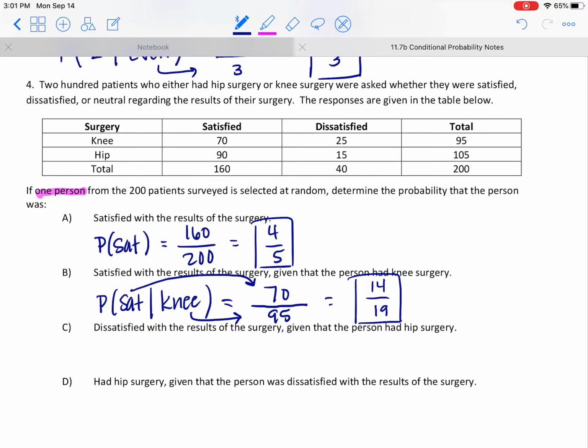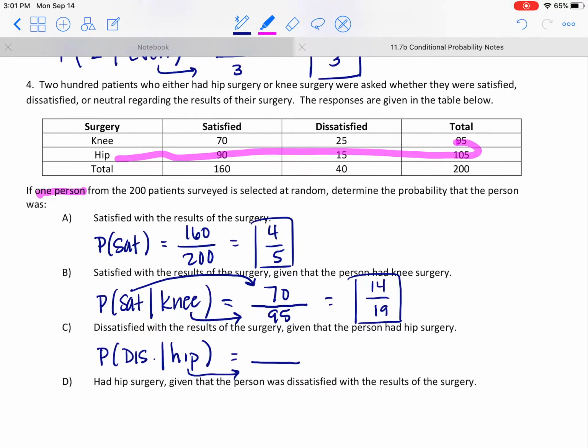What's the probability, again, we're selecting one person, that they were dissatisfied with the results of the surgery, given that they had hip surgery? So this is the probability they were dissatisfied, given that they had hip surgery. Okay, if we are given that they had hip surgery, that means that's all we're looking at. We are only looking at the, let's see right here, the 105 people who had hip surgery.